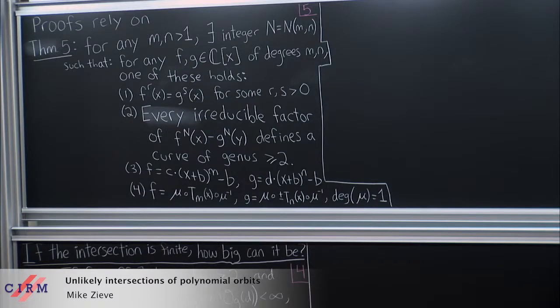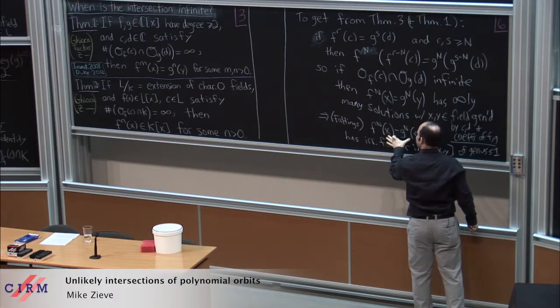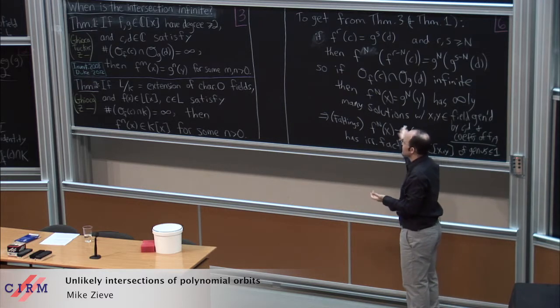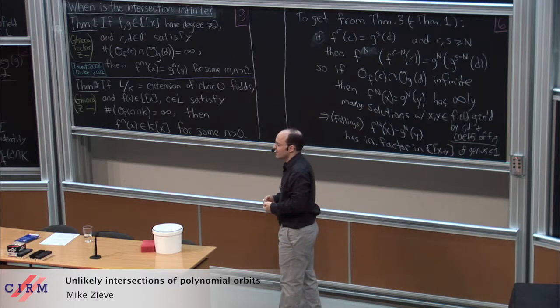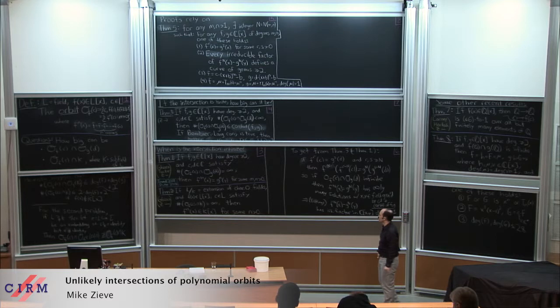because the n from Theorem 5 just depends on the degrees. So we start with that n. That says this f_n(x) minus g_n(y), we know the degrees of this thing. We know exactly how many irreducible factors it can have, and we can bound their genus only in terms of the degrees of the two polynomials.